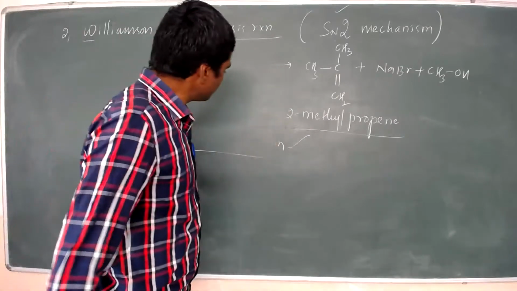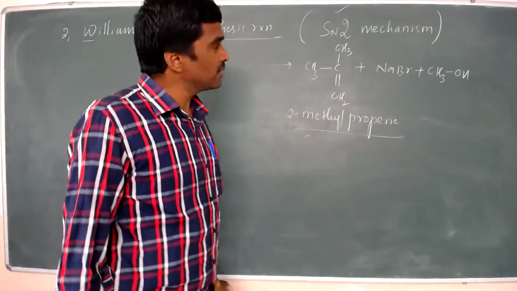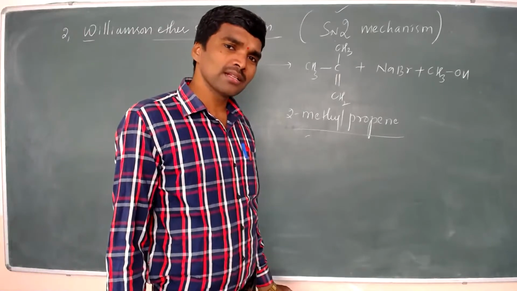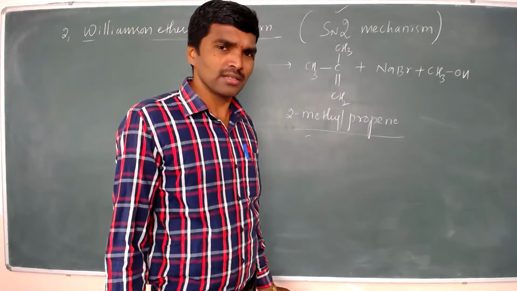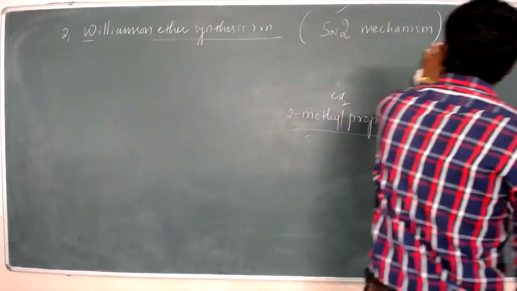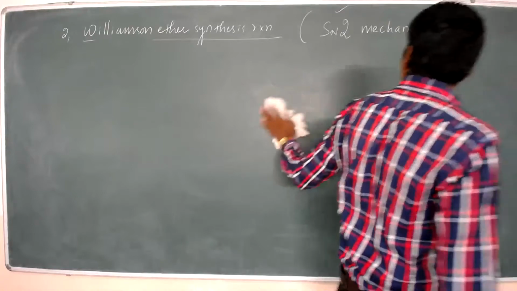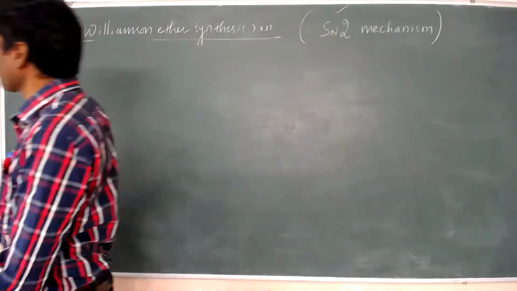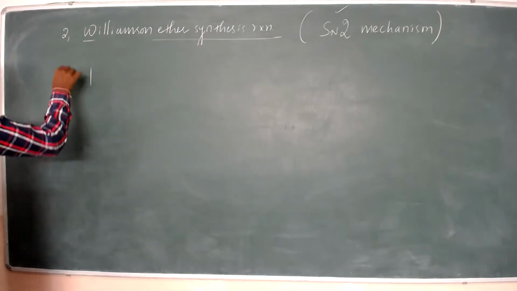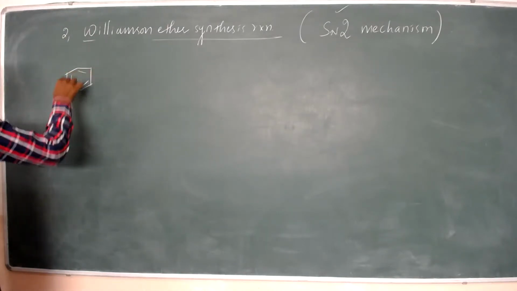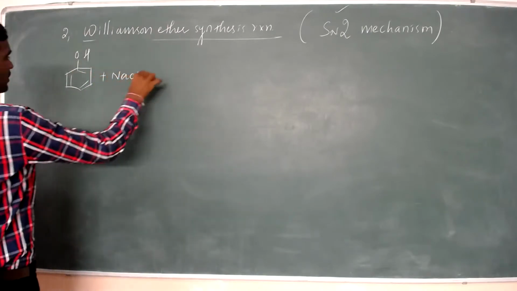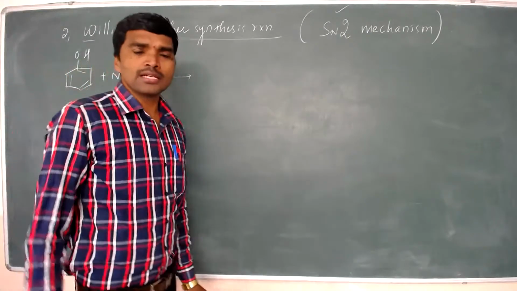One doubt: by using Williamson ether synthesis reaction, are we unable to prepare aromatic ethers? Yes, we can prepare them. Now see, I am going to take one example. Phenol reacts with sodium hydroxide.